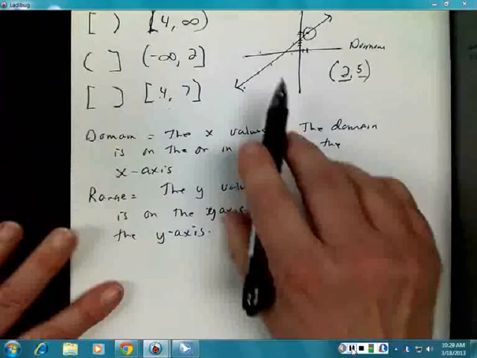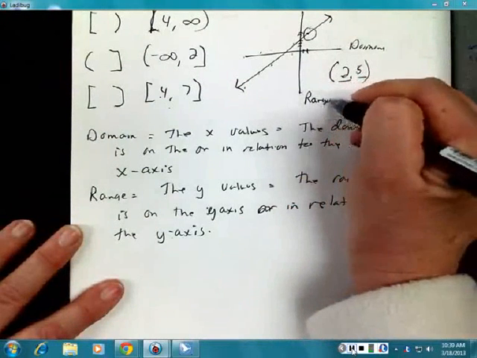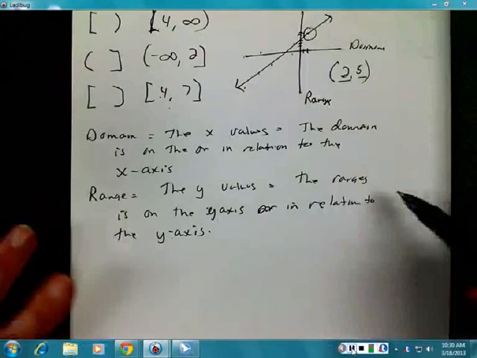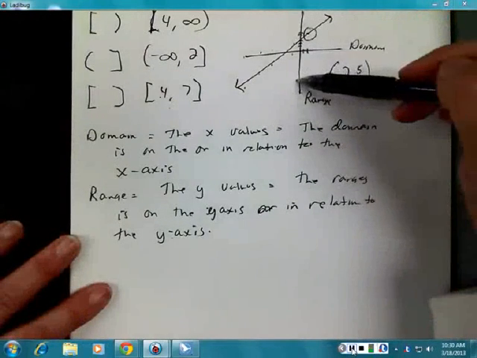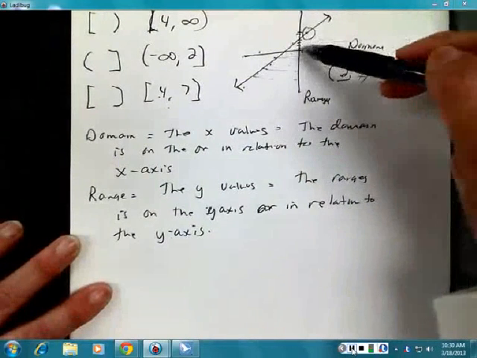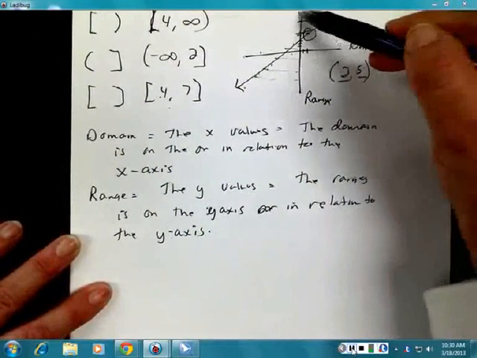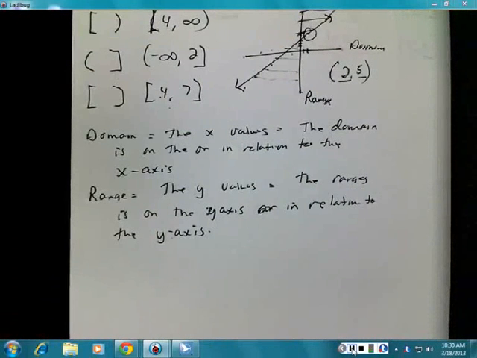So if x is domains, y is range. I have two things that affect my line. My line's affected by its range, which is going up and down here. And if I look at my range and I go about and check my range, every time I go out on my range, I keep finding a point that's related to it. Does that make sense? Yes?